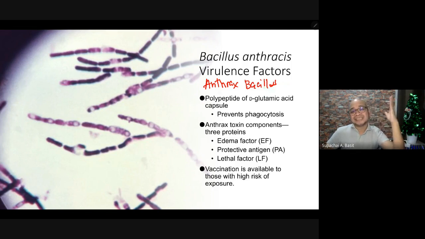Anthrax toxin has three proteins, namely the edema factor, the protective antigen, and the lethal factor. Vaccination is available, particularly for people at high risk of exposure, such as those working on the farm, particularly with sheep or with cattle.